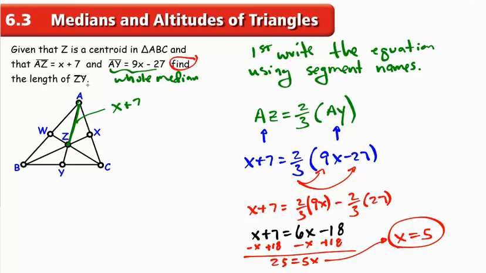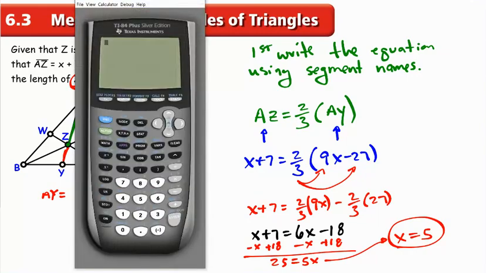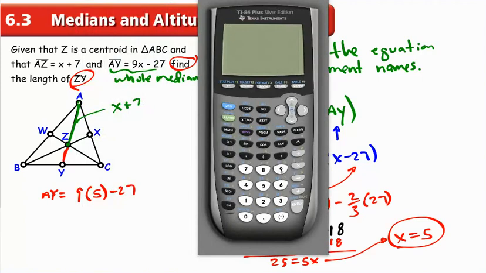The problem, though, says find the length of ZY. So to do that, we should first find the length of AY. AY is equal to 9 times 5 minus 27. So it is 18.